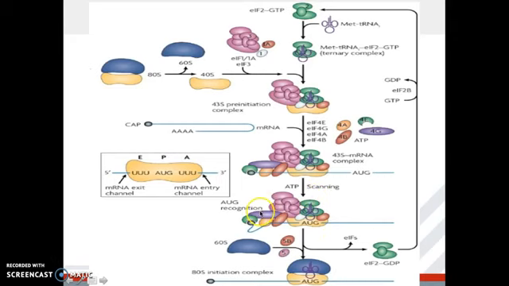Right, the next step will be the binding of the 60S back to the 40S to allow the translation to occur. However, we have all these initiation factors that are still bound to the 40S to prevent the 60S from binding. The next step will be using the GTPase, which is in here.